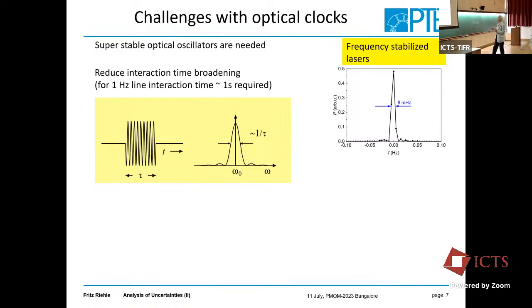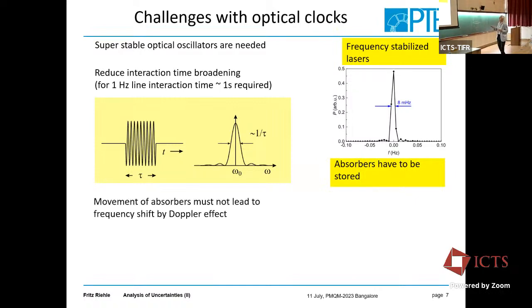This means if we want to go down to a hertz or 10 millihertz or so, we have to allow the interaction for at least 1 second or 100 seconds or so, which means that the absorbers I investigate have to be stored by any means. The movement of the absorbers must not lead to frequency shifts by the Doppler effect. So usually you have to laser cool your absorbers.